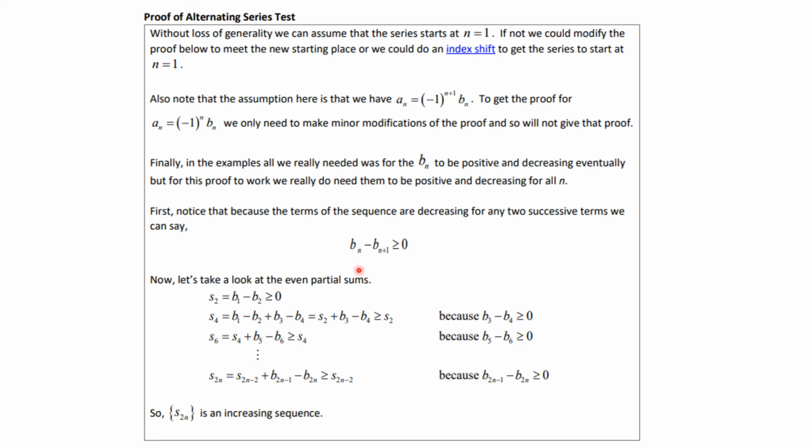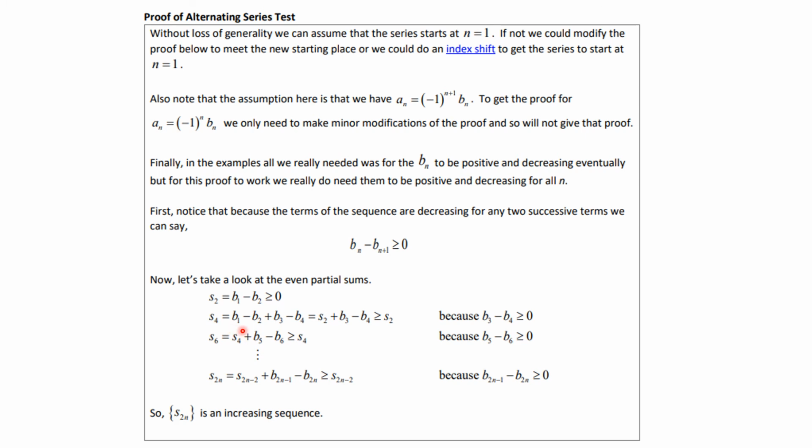And then we're going to look at the difference b_n minus b_(n+1). And again, we're assuming that these are positive and decreasing. So this difference is going to form a sequence which is S sub n, and let's look at the partial sums. So S2 is just going to be b2 minus b1.